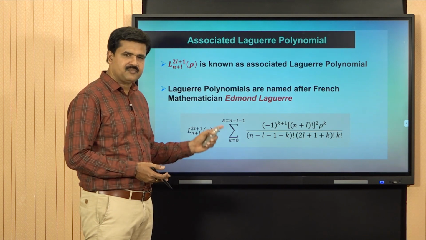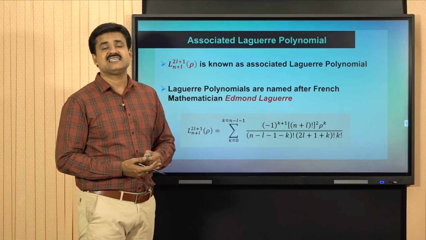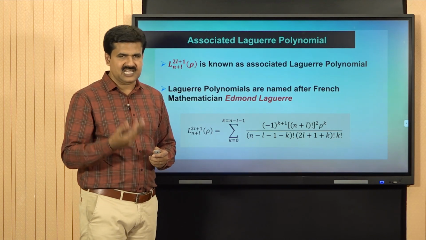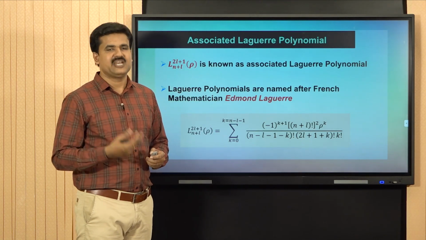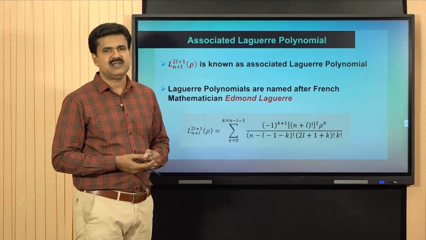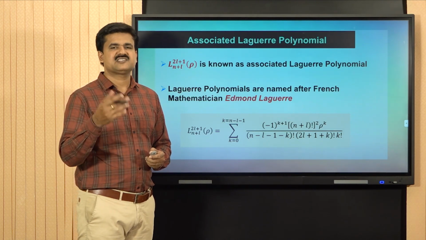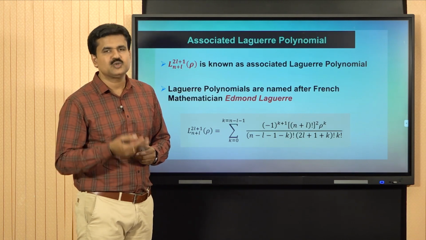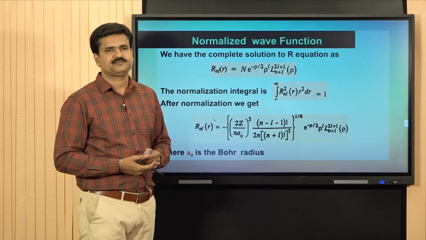This is the expansion of the associated Laguerre polynomial. By putting different values for n and L, we will get different Laguerre polynomials. That means we will get the first few Laguerre polynomials by putting different values corresponding to n and L.